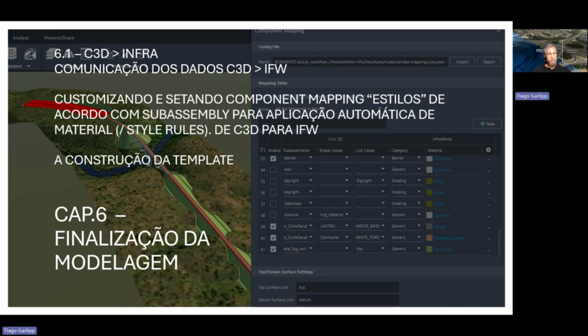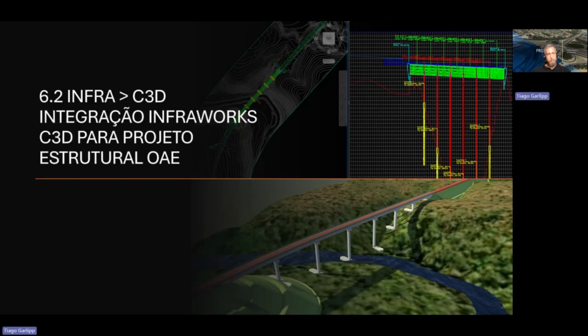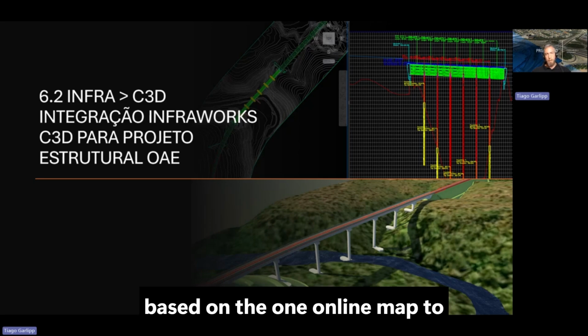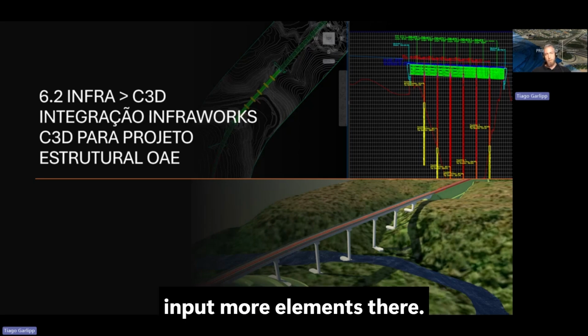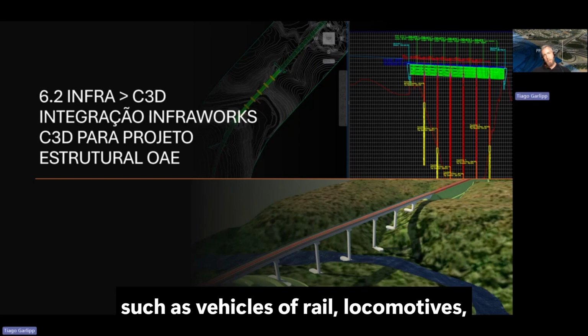We will create a bridge and so on. We will do many things inside InfraWorks based on one online map to input more elements there, such as vehicles off rail, locomotives.